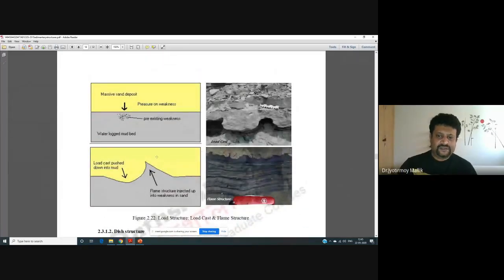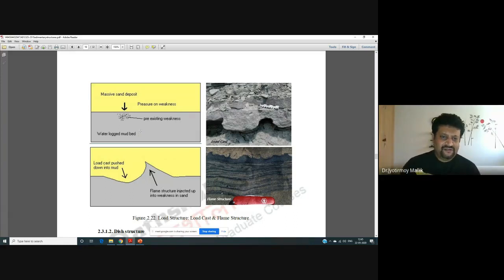Say, for example, this is what we call a load cast. So you can see that this is a waterlogged mud bed, and this is a massive sand deposit, and they are still unlithified. Now, of course, there is a gravity imbalance. Some heavier stuff is trying to sit on top of a softer stuff.